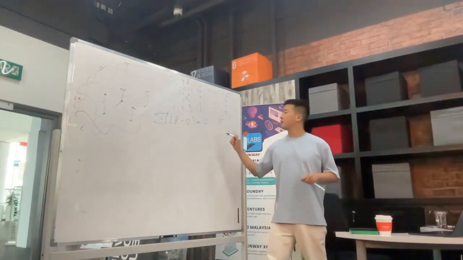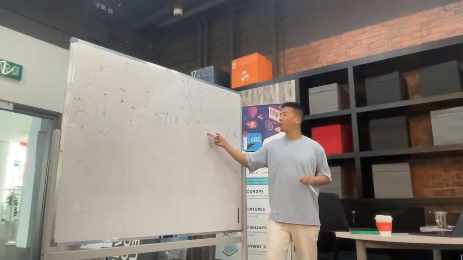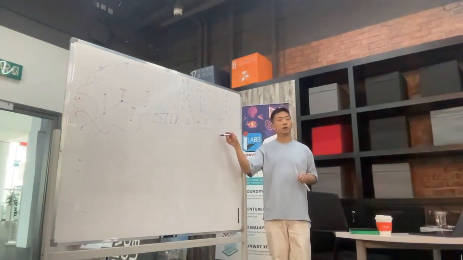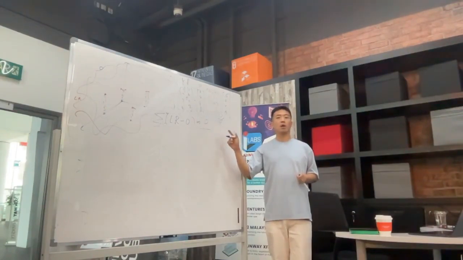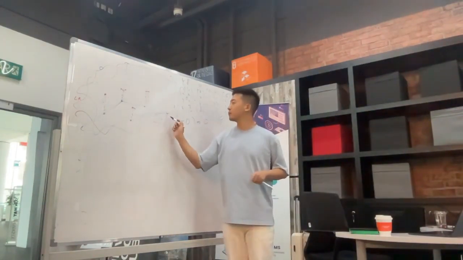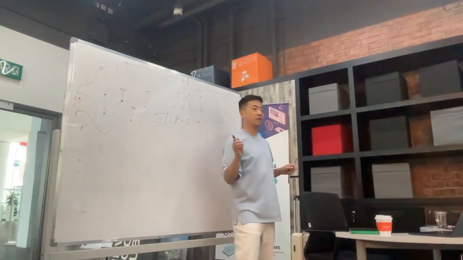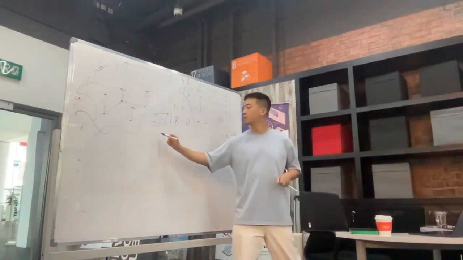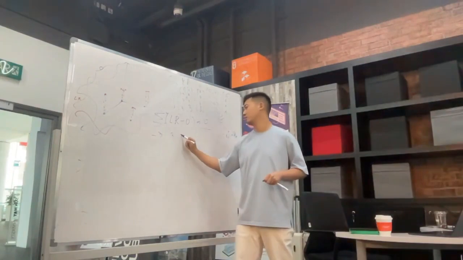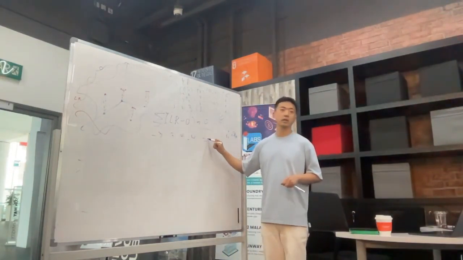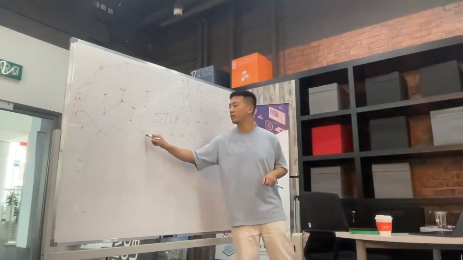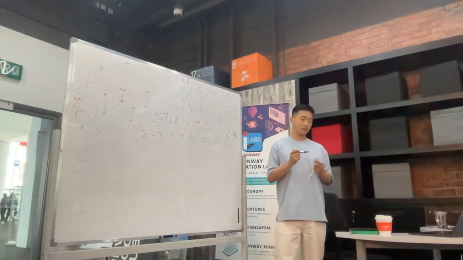But even if the grand sum is 0, it doesn't guarantee that all of these evaluations are 0, because some evaluations can look like this and the grand sum still becomes 0, right?